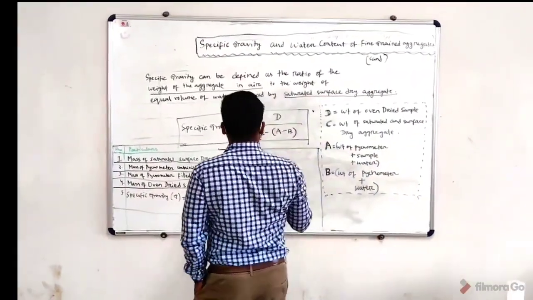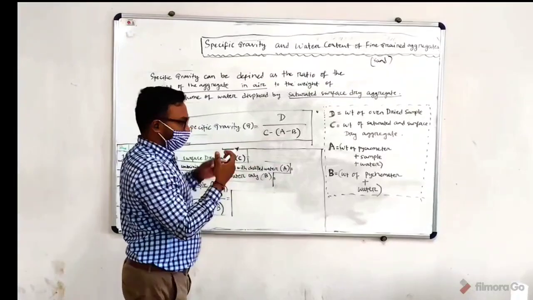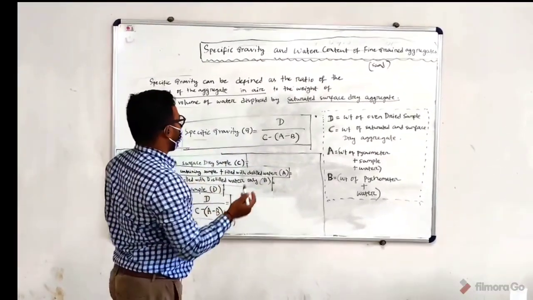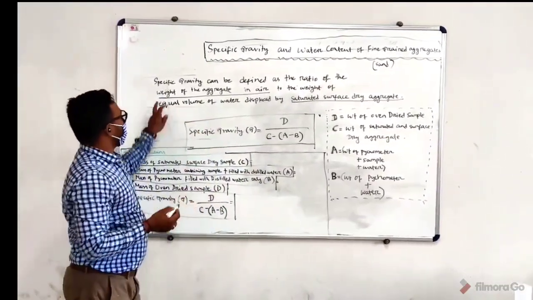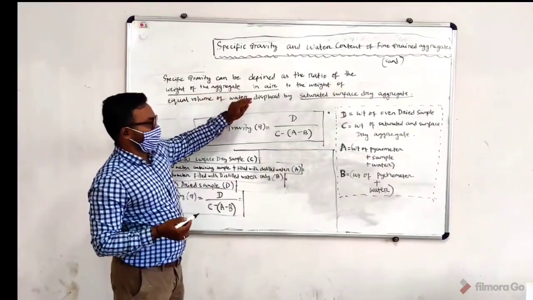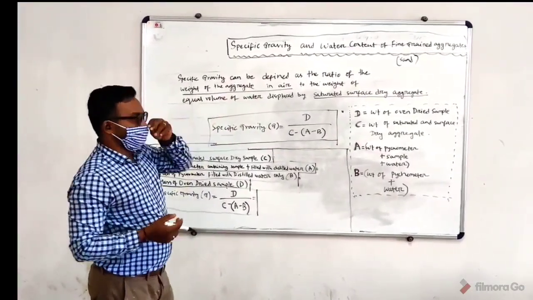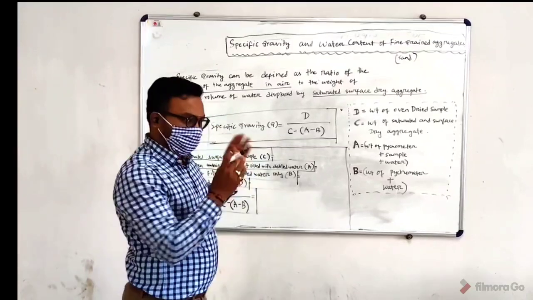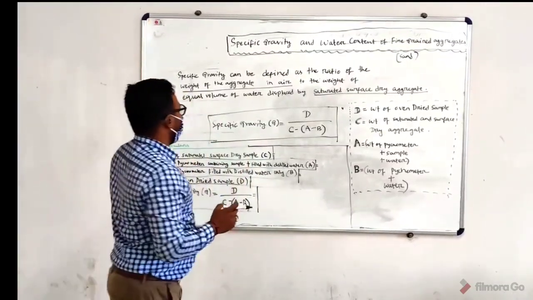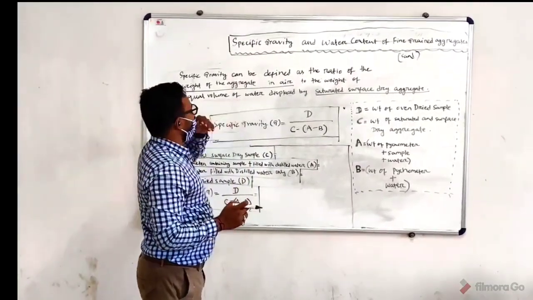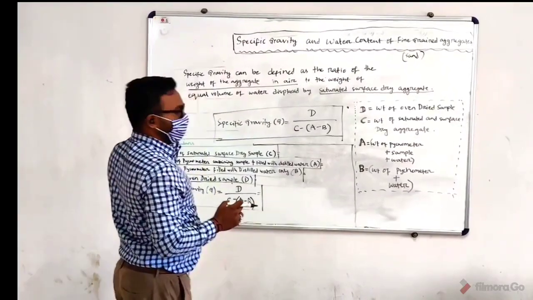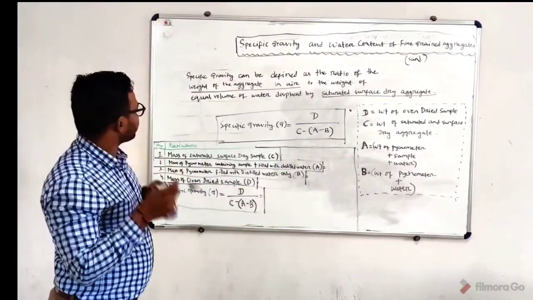If we write it in a formula, in the numerator we will have the weight of the aggregates in the air, meaning sand. Suppose you take 500 grams, then 500 grams of weight is divided by the weight of equal volume of water displaced by saturated surface dry aggregate.